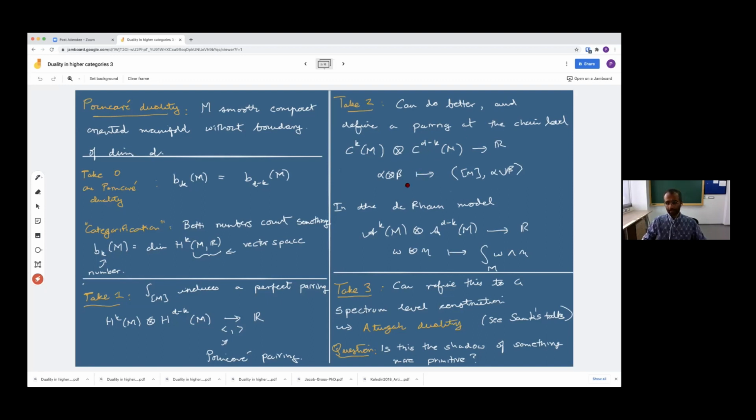You can incarnate this in the de Rham model for cohomology, if you're working with real coefficients, as the pairing of A^k of M, which is the smooth k-forms, with the smooth (d-k)-forms, and that's just wedging together a k-form with a (d-k)-form and then integrating over M. So we have this chain level construction.